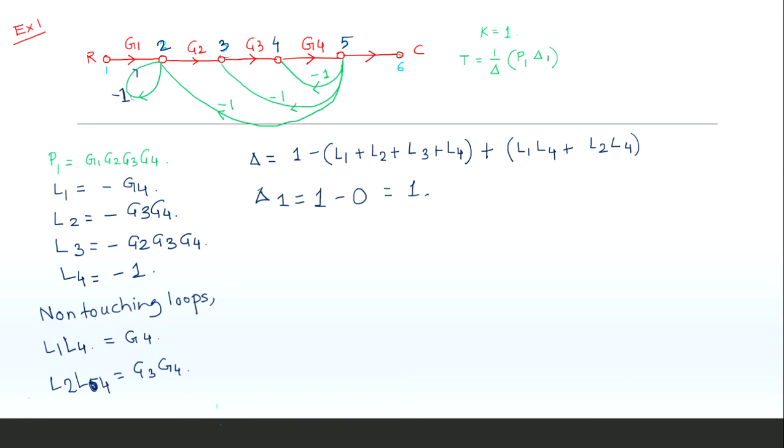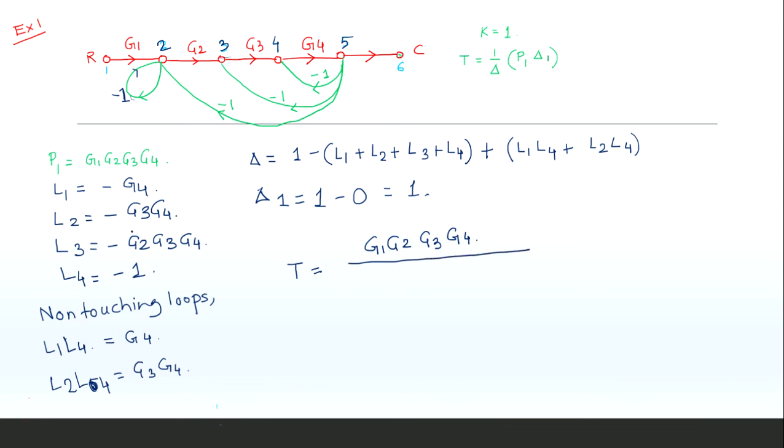So if we combine, we can get T, the overall transfer function of this particular signal flow graph. What is it? P1 into delta 1. P1 means my G1 G2 G3 G4, and delta 1 is 1, so nothing to write there.